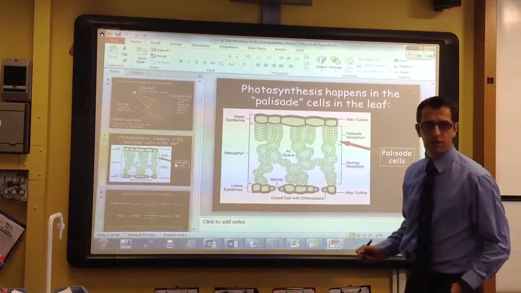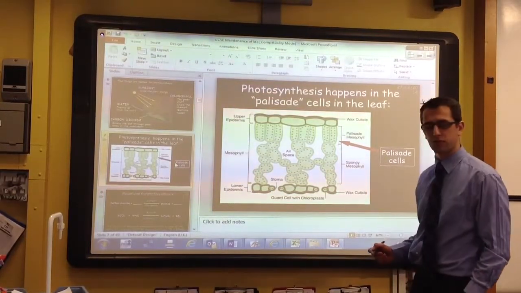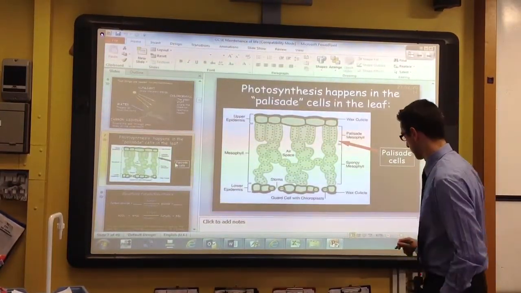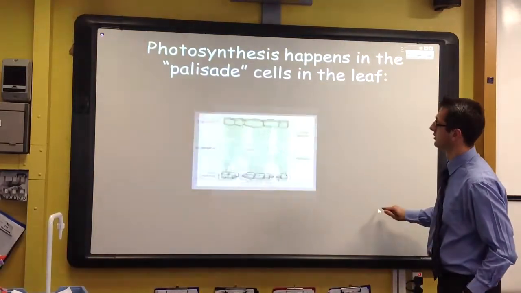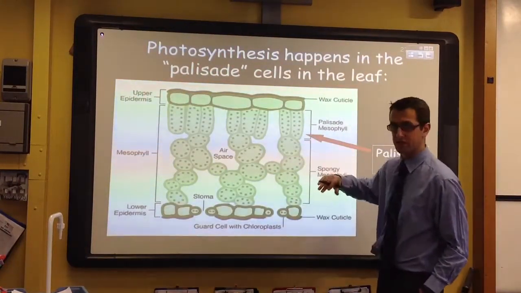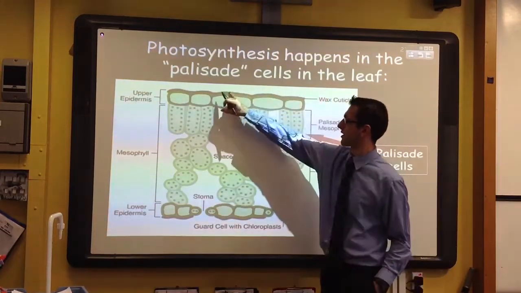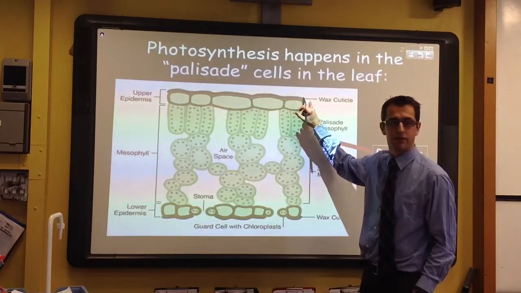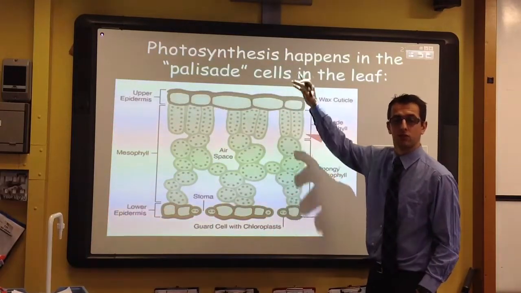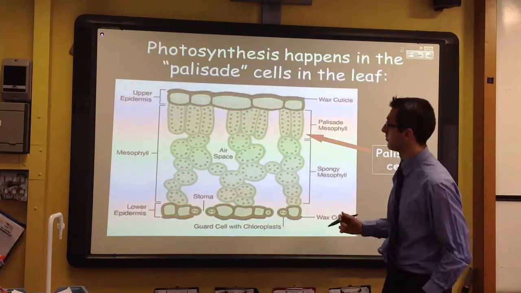It's also worth knowing the internal structure of a leaf and being able to identify the key adaptations that enable it to carry out its functions specifically. So looking at a leaf, obviously this is looking at it side on, as if it's been chopped, at the top you have the waxy cuticle. That gives a waterproof layer to enable any water that does hit the leaves to run down onto the roots where it can be taken up.